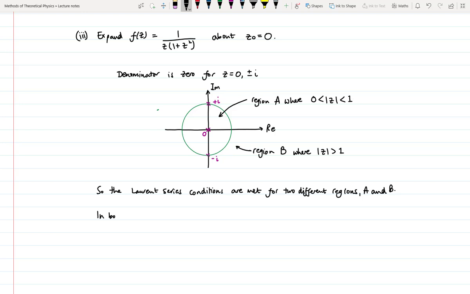In both those cases, the expansion point can be taken as 0, but we'll see that there will be two different expansions. So there will be a distinct expansion for each region.